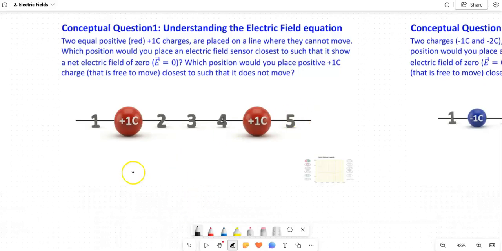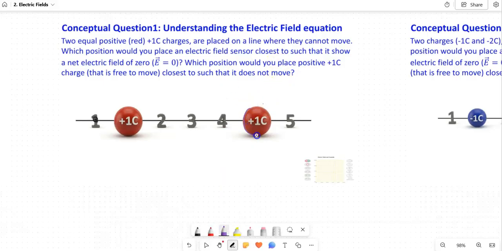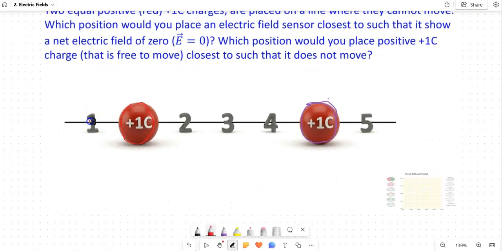All right, let's look at the electric field vector. I'm going to call this one over here the purple positive charge, and this is the red positive charge. Since you're really close to the red positive charge, its electric field is going to be pointed away from it and will be large. And the purple positive charge's electric field vector is going to be pointed away from it, but it won't be very big.